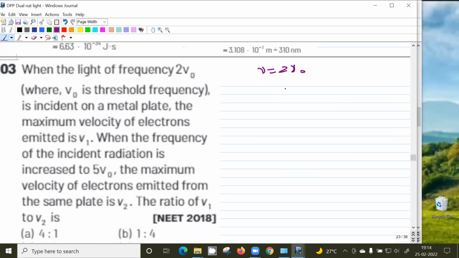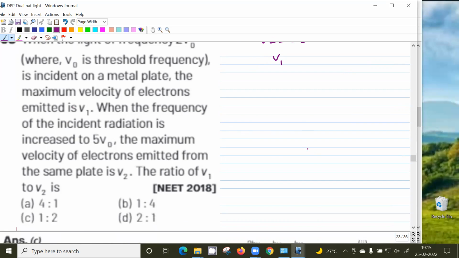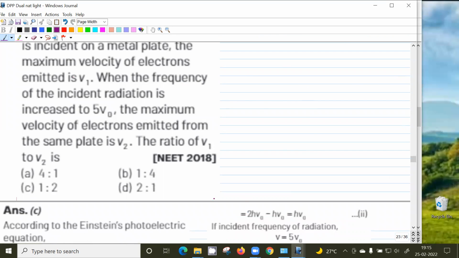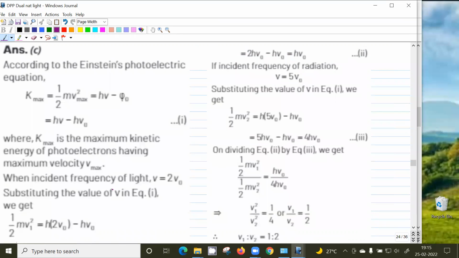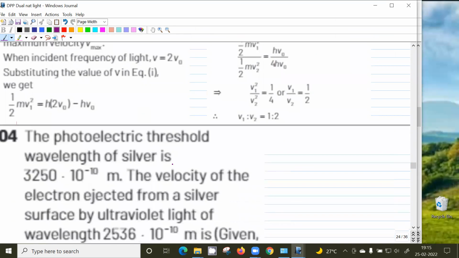Maximum velocity 1:2, sir. Same case only. And the second, again, find out h nu naught. Option C, 1:2. Got it, no? Yes, sir. The important step here is to find out h nu naught. If you miss that, you will not get it.